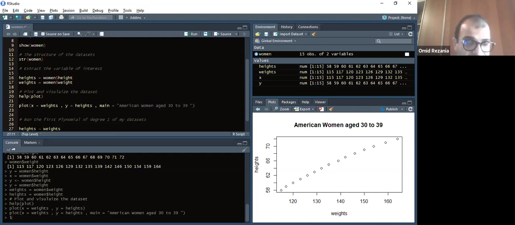When we say height is a function of the weights, R is smart. It can understand that you mean height is a function of weights, a degree 1 polynomial, and the intercept is going to be A and B, but it's not going to write it there. And that's all you show. Does it make sense, everyone? That's how you show the function.